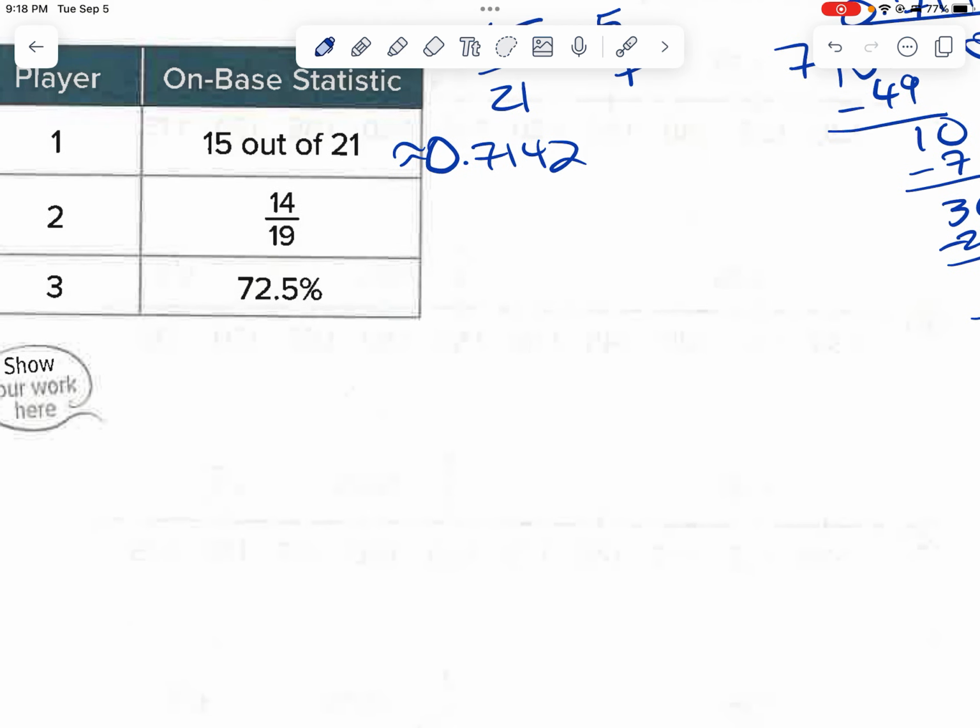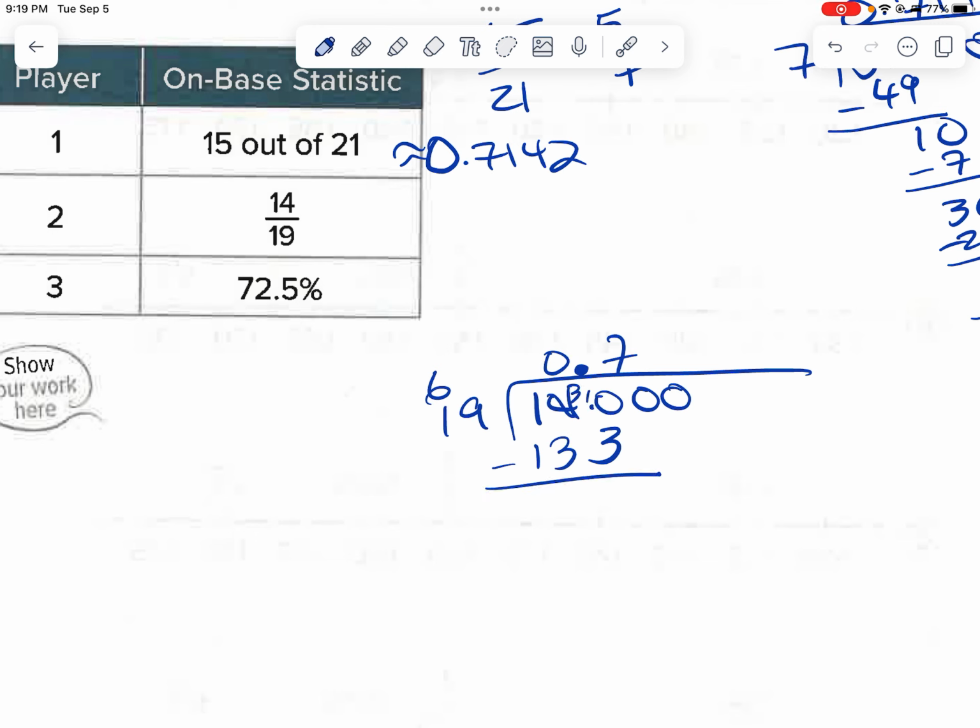And then the next one is 14 divided by 19. Now some of you are like, oh my gosh, I can't do 19s. Think of it as 20. How many times would 2 go into 14? I would go with 7. So that would get me 63. 7 plus 6 is 13.